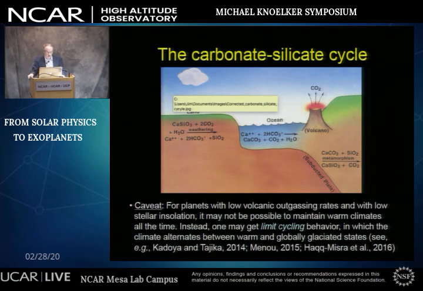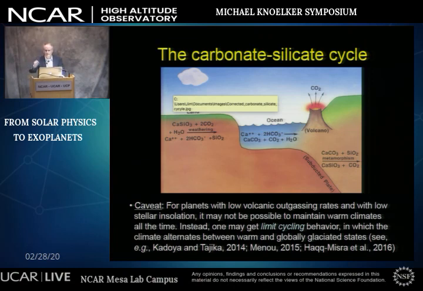So this was first shown by a Japanese scientist named Tajika way back in the early 2000s. I reviewed some of those papers, and I never paid much attention to it because he was writing about the early Earth, and he said if volcanic outgassing rates were 10 times lower on the early Earth, then the Earth could have done this weird behavior.